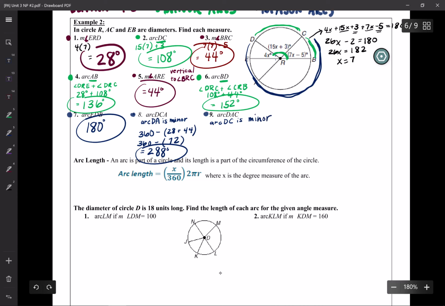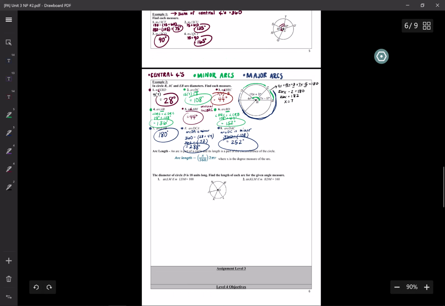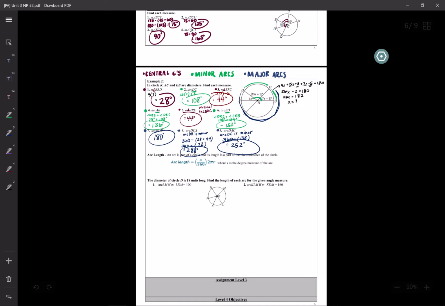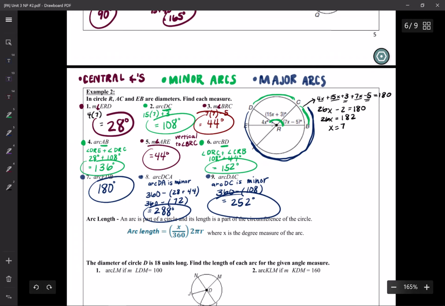So I just do 360 minus the measure of arc DC, and we said arc DC was just 108, which gives us 252. Okay, so there are the calculations for finding central angles, minor and major arcs.